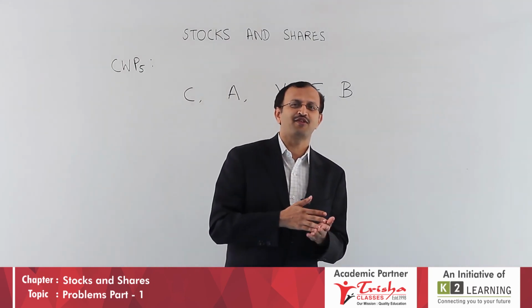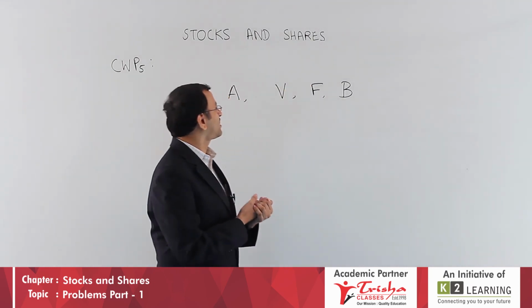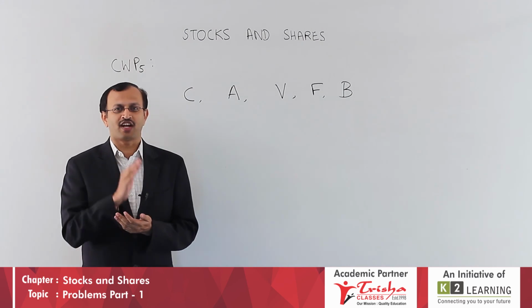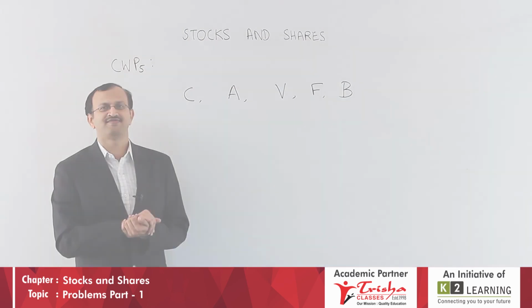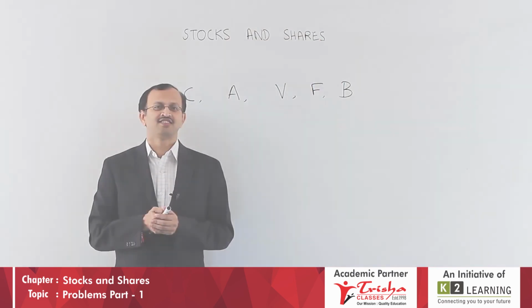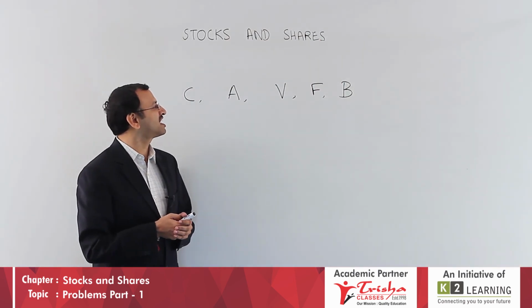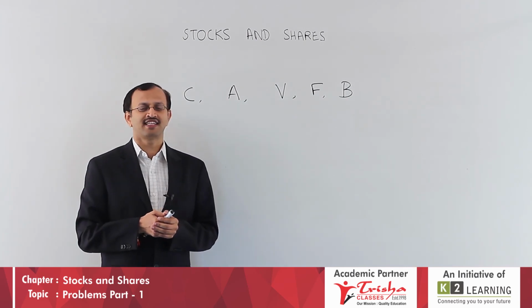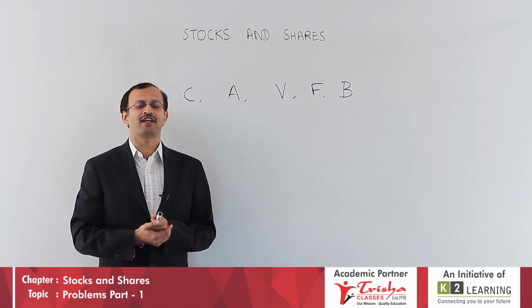Let us see whether you can apply your mind and find which letter among these you have to remove. Your answer after the break. So the letters given are C, A, V, F, B. Let us conclude your answer, which is the odd man out.